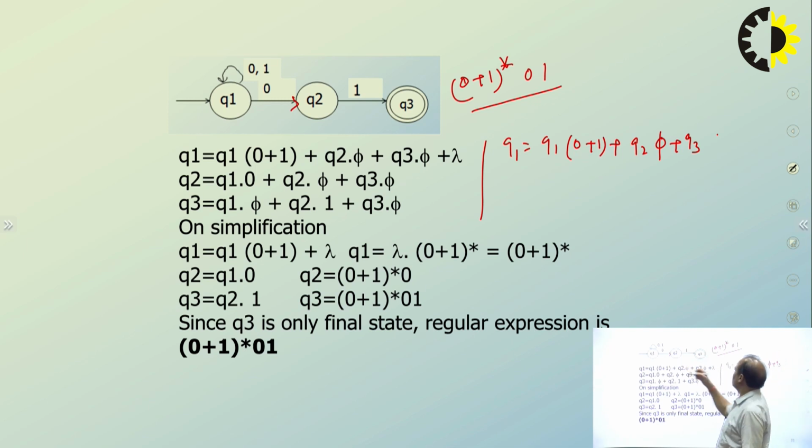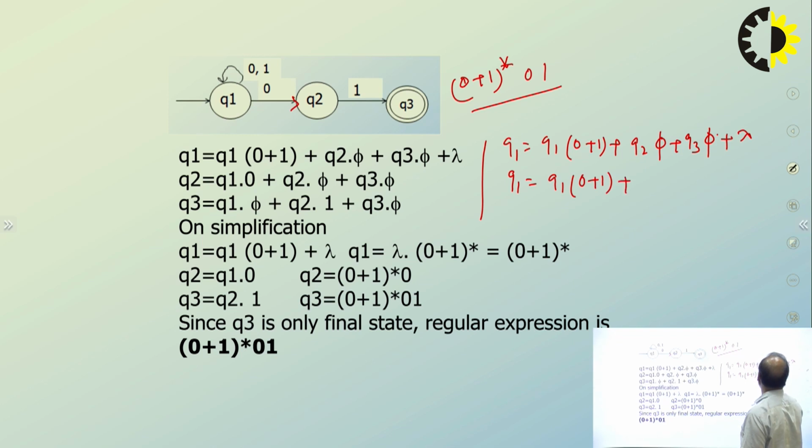You have 3 states, and there is no transition from 3 to 1, so this is phi. Since q1 is the starting state, we will add lambda. This is the q1 equation, which simplifies to q1 = q1(0+1) + lambda. So this is equation number 1, right?